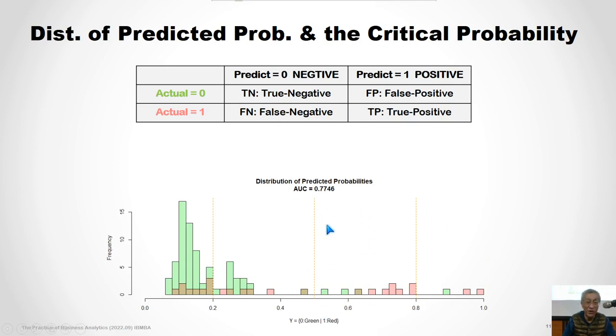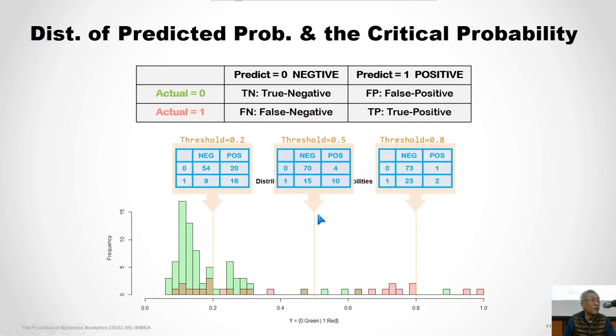If you have a cutoff here at 0.5, then you will have 14 points. This means that we have 14 points whose predicted probability is larger than 0.5. Some of them are actually 1, and some of them are actually 0.